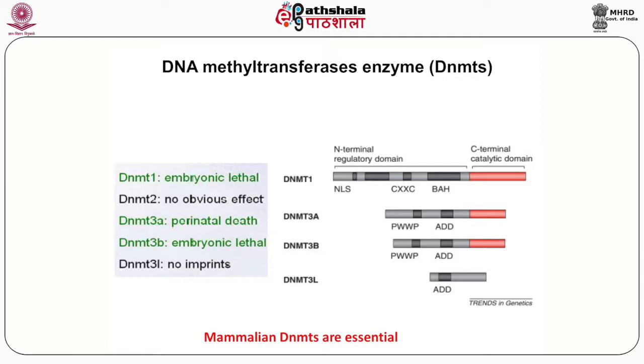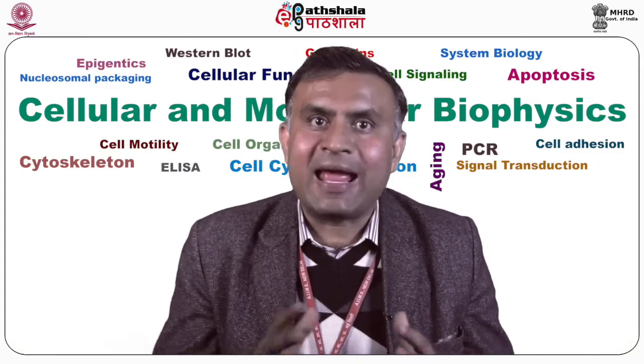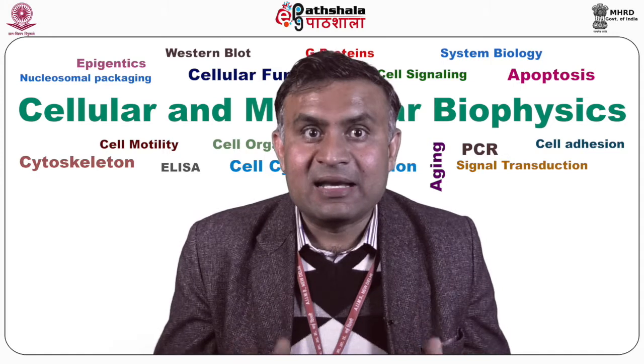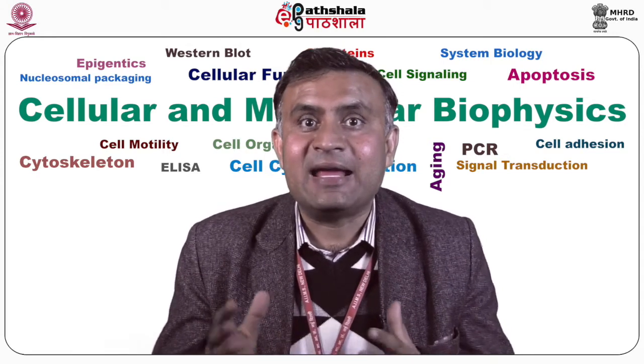DNMT1 preferentially methylates hemimethylated DNA in vitro and is localized to replication foci during S phase. DNMT1 is called the maintenance methyltransferase because it is primarily responsible for copying the DNA methylation pattern to the daughter strand during DNA replication. Mouse models with both alleles of DNMT1 deleted are embryonically lethal at approximately day E9.